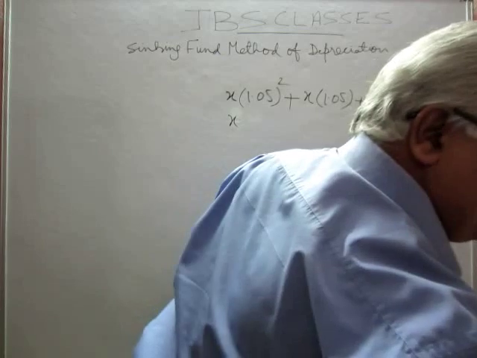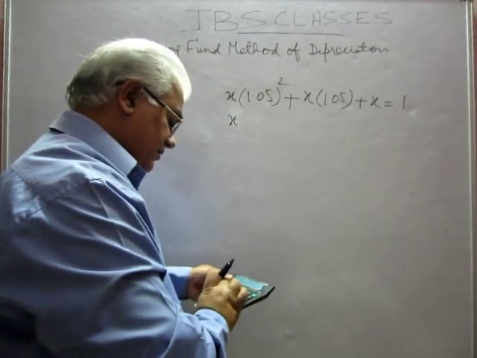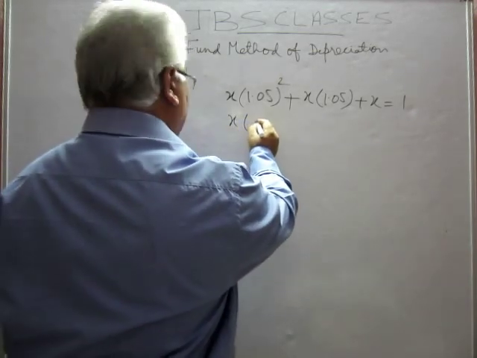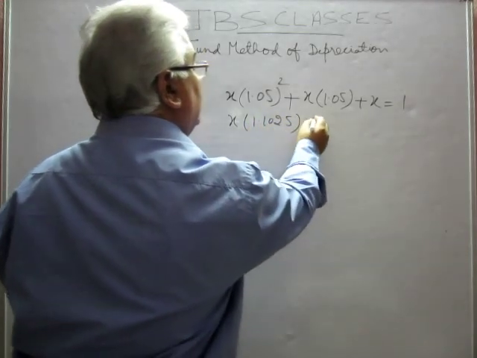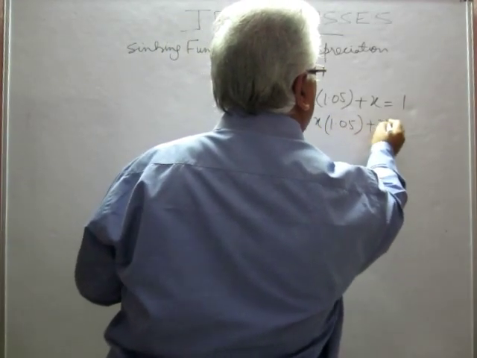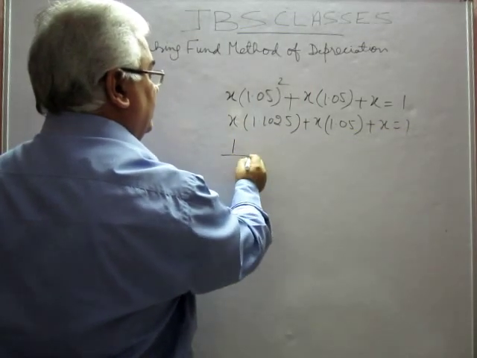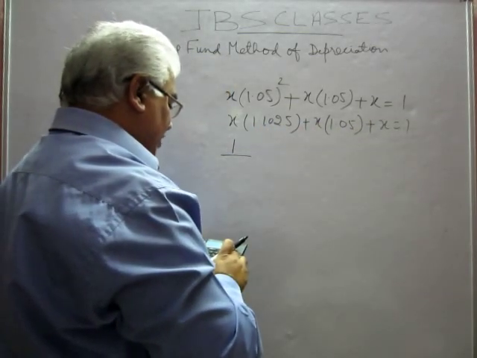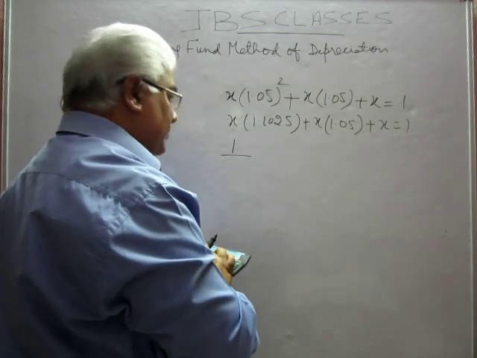So if we calculate this, it will become this. Let us total all these amounts: 1.1025 plus 1.05 plus 1.